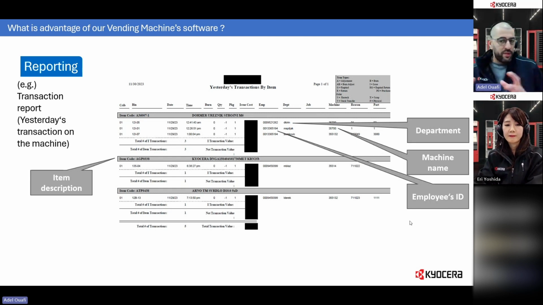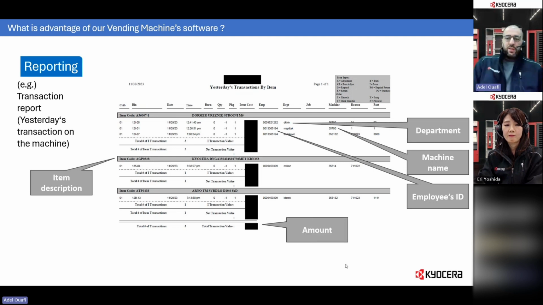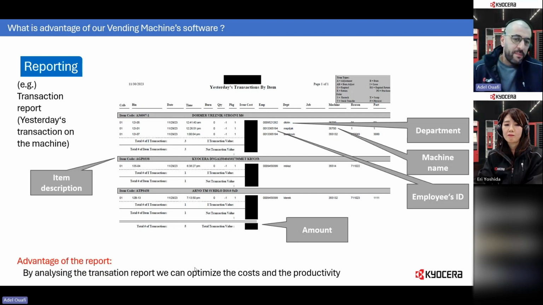So this is all for your statistics and so on. Very important information. And with that type of report, you can see your daily cost consumption, with the total of transaction value, for example. Advantage of this type of report: by analyzing the transaction report, we can optimize the costs and the productivity.